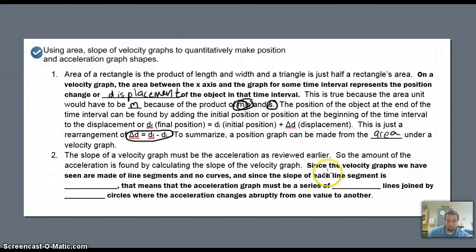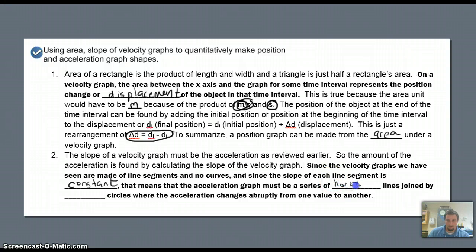Since the velocity graphs we have seen are made of line segments and no curves, and since the slope of each line segment is constant, that means that the acceleration graphs must be horizontal.